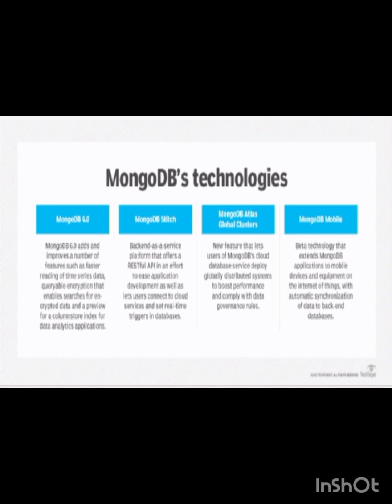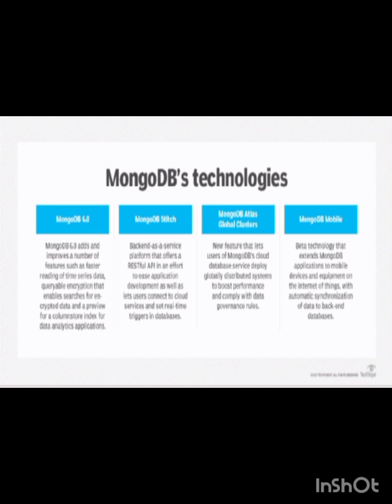And MongoDB Atlas Global Clusters, a newer feature that lets users of MongoDB's cloud database service deploy globally distributed systems to boost performance and comply with data governance rules. Then, last but not the least, MongoDB Mobile, a beta technology that extends MongoDB applications to mobile devices and equipment on the Internet of Things, with automatic synchronization of data to backend databases.